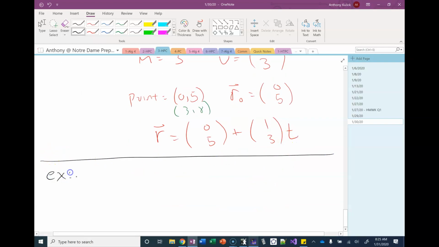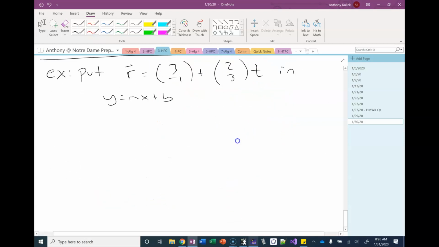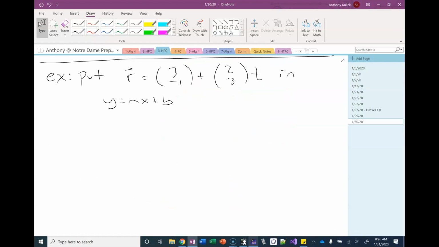What if we want to go the reverse direction? What if we wanted to put this vector line equation back into slope-intercept form? So we need a slope and a point.